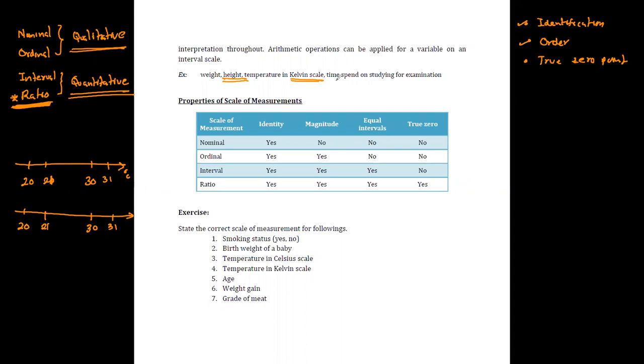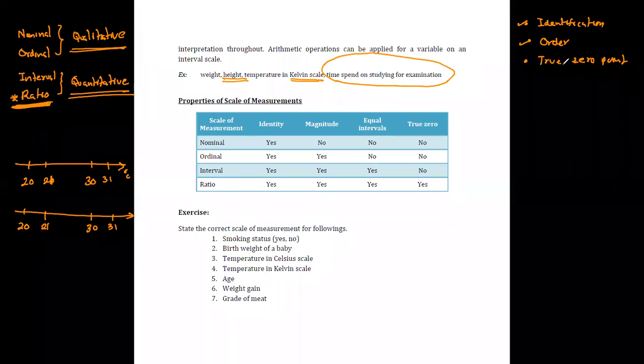And the next thing is the time spent studying for an examination. Here also we can see that identification and order are there. If one is not spending any time studying, then we can say that there is a true 0 point. If the time spent studying is 0, then the person has not done any studies.